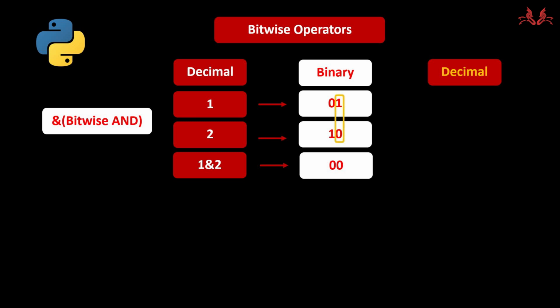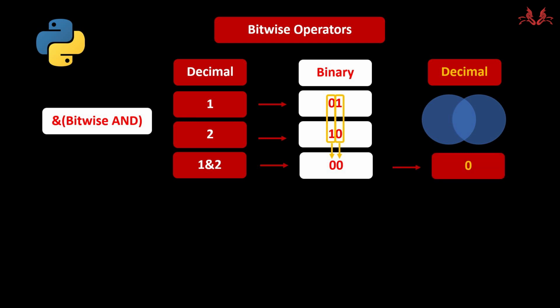The first binary digits are 1 and 0, and the bitwise AND operator is just like the concept of intersection, so the outcome is 0. The second binary digits are 0 and 1, and the outcome is 0. So the outcome of 1 bitwise AND 2 in binary is 0, 0, and when we switch the binary back to decimal, the outcome is 0.